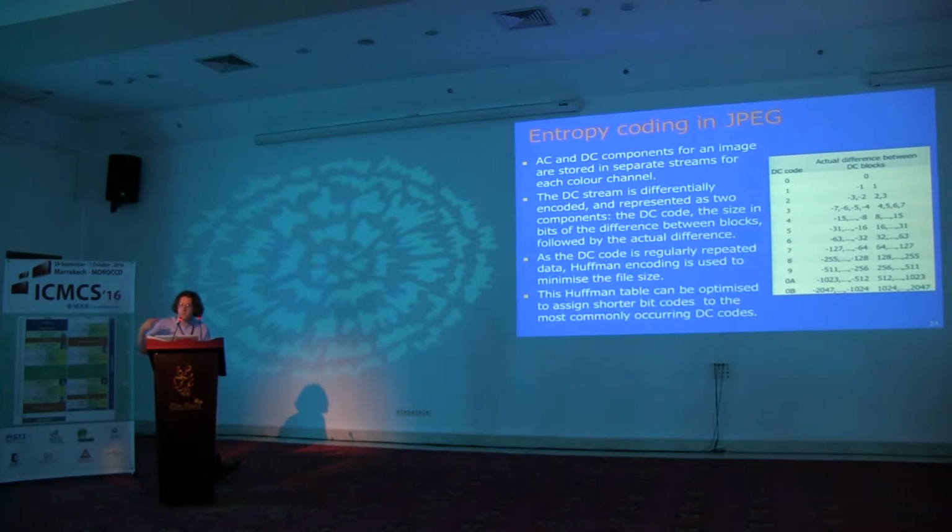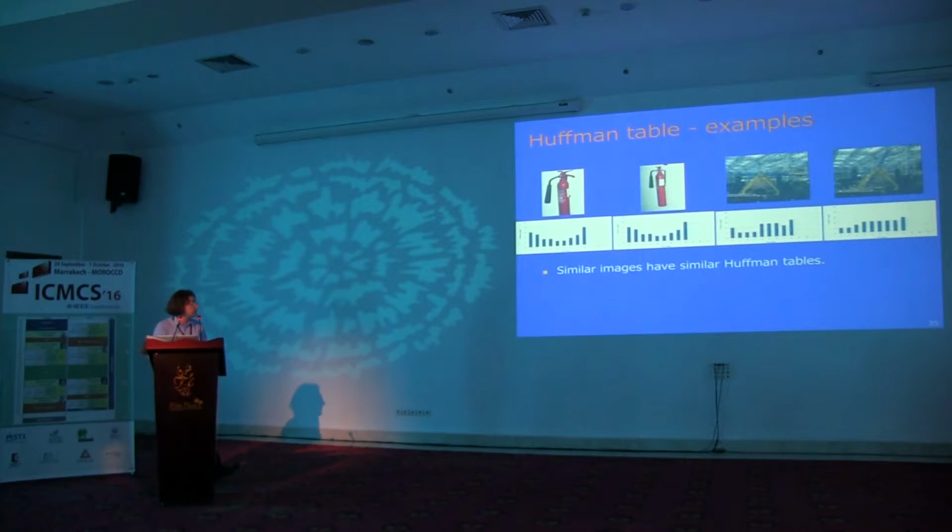So what it now means for us is that we can have these individual Huffman tables, and the Huffman data basically is, in a sense, adapted to our image. What that means, again, is that the Huffman table actually tells us something about the image. And I'll give an example of that. We've got 4 images here. Obviously, these two are very similar.